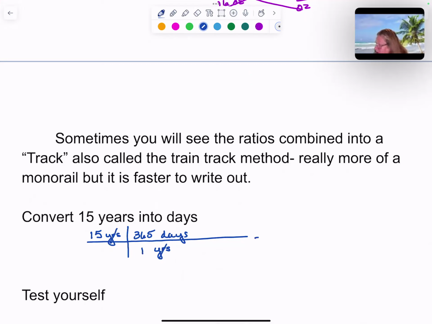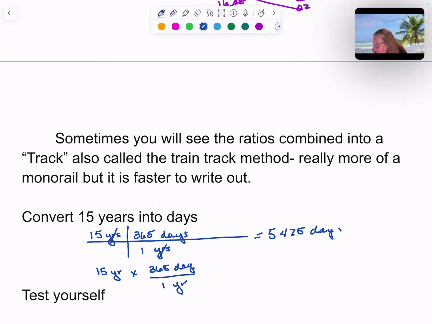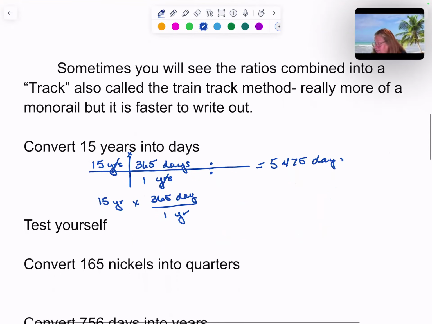The years will cross cancel. 15 times 365 is going to give me 5,475 days. That just replaced the 15 years times 365 days over 1 year. So you can see that this down bar acts as a multiplication sign, and the long crossbar is your dividing. So let's try some and test yourself.